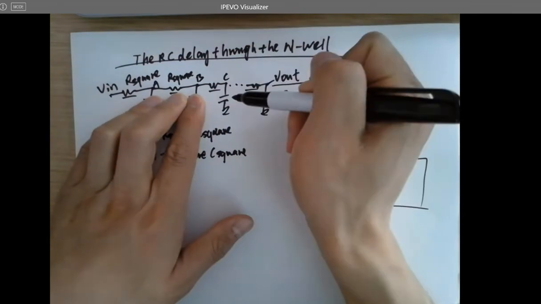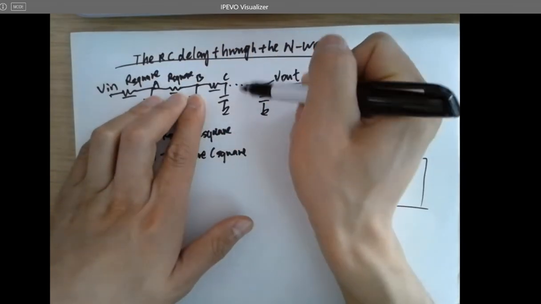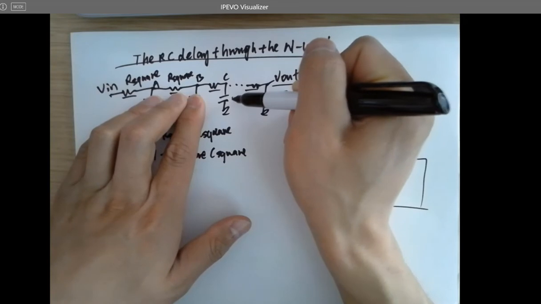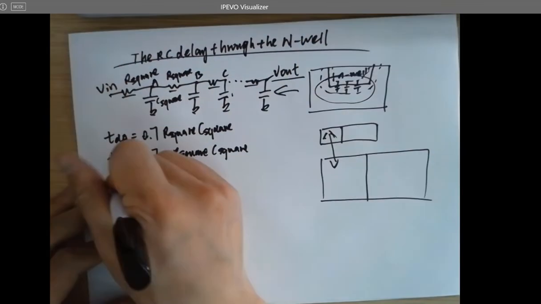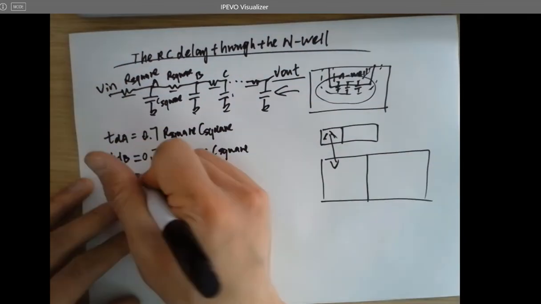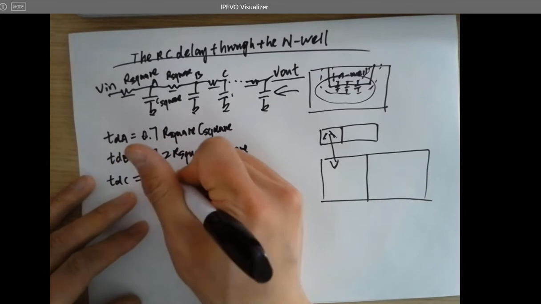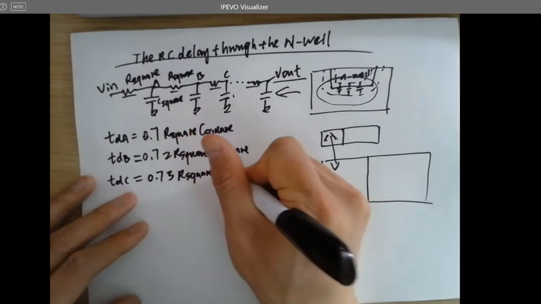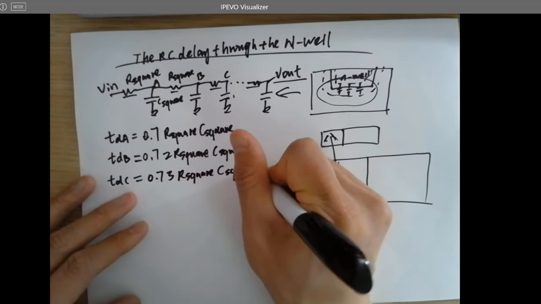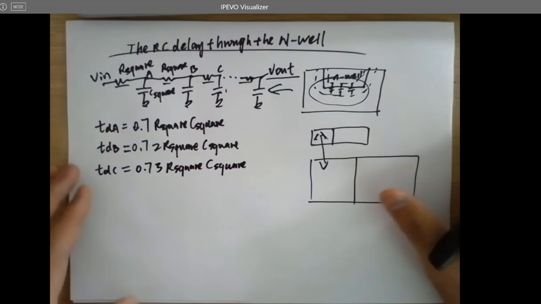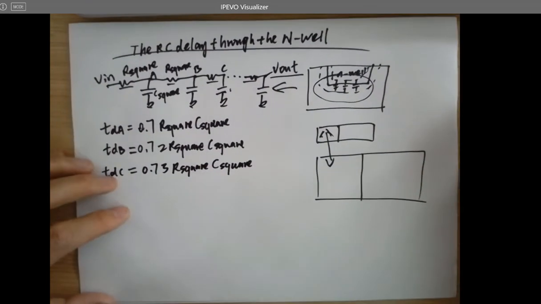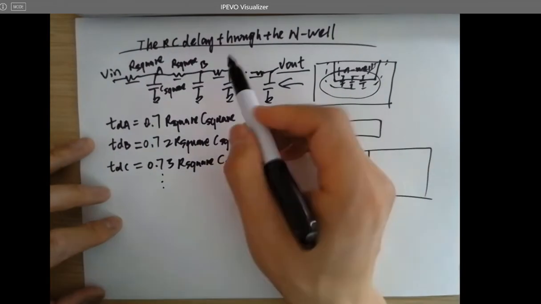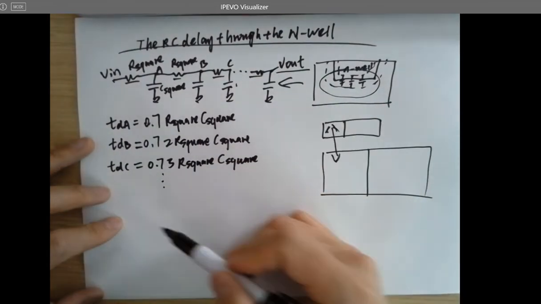So that will be 0.7 times 3 R square times C square, the capacitance of this capacitor. So TDC equals 0.7 times 3 R square C square. You can imagine if there are more resistors involved, you can just keep doing this.